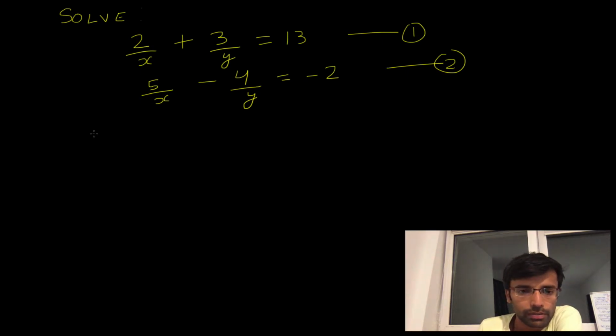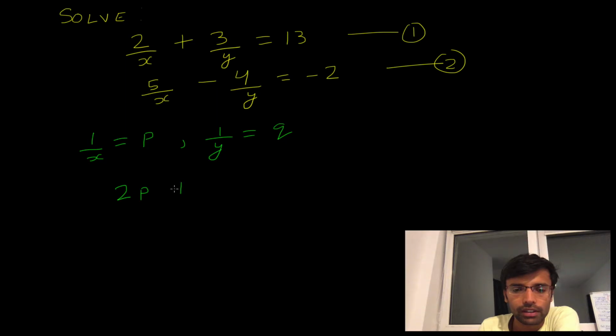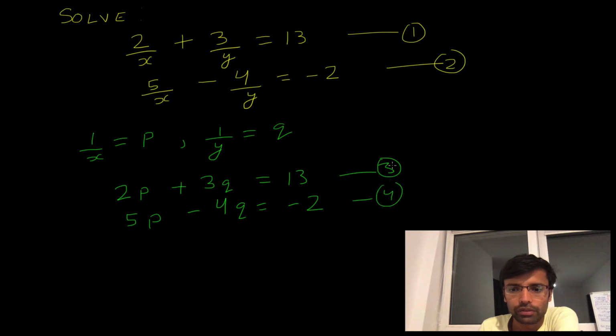So if we make this observation, let's say 1 by x as another variable p and 1 by y as some other variable q, then these equations just reduce to 2p plus 3q is equal to 13, let's say this is equation 3, and you get 5p minus 4q is equal to minus 2, equation 4.